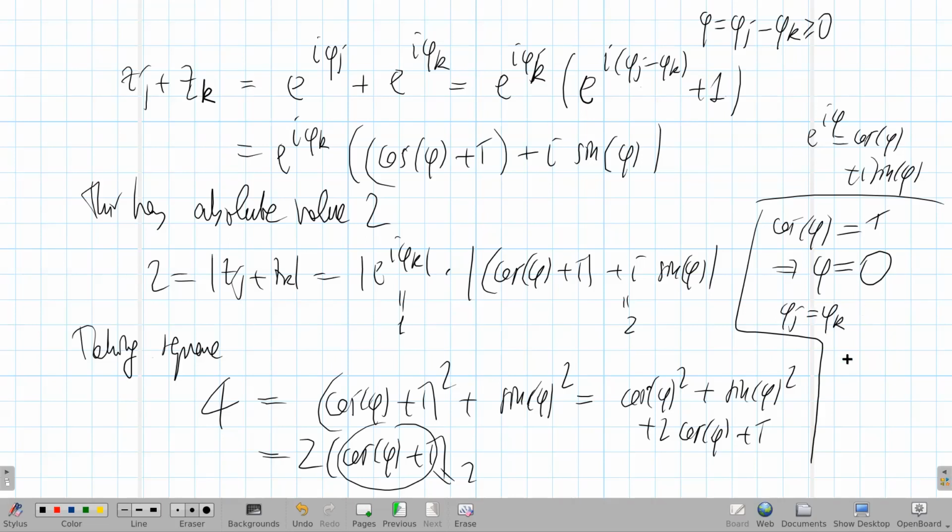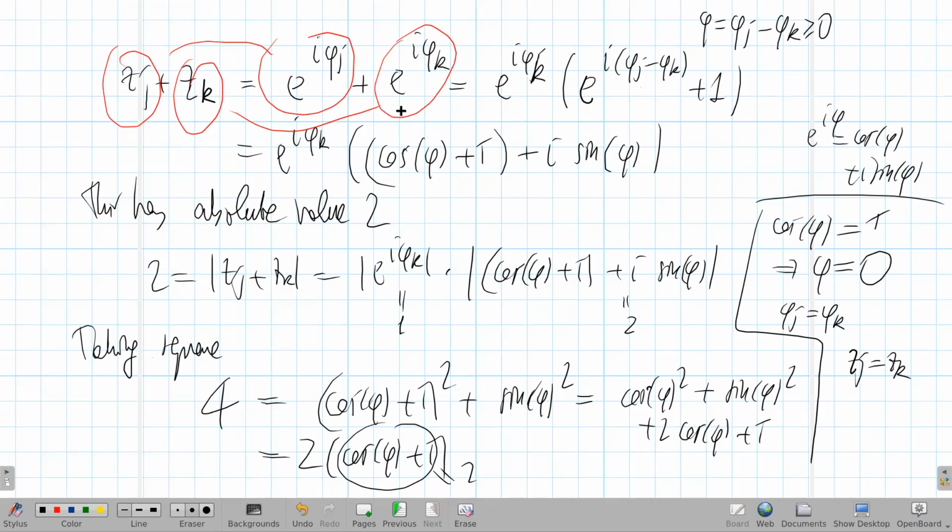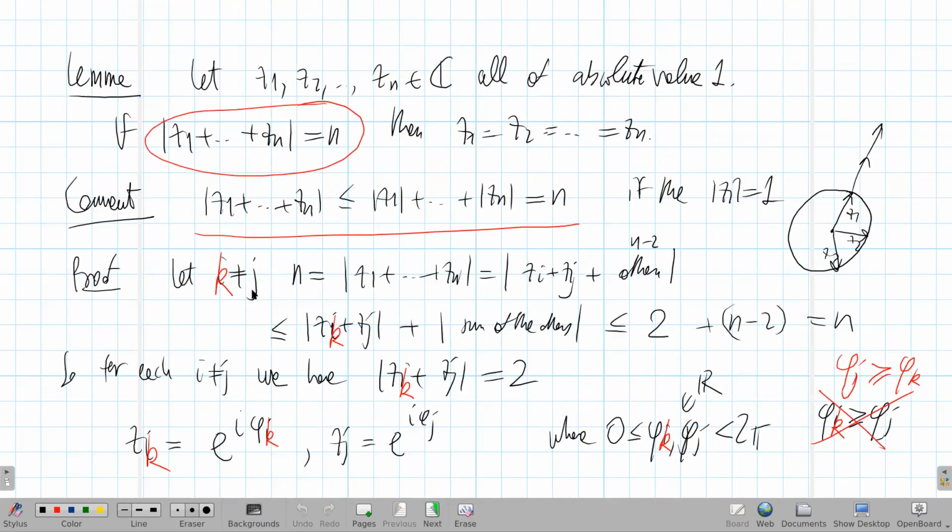And so this means that zj equals zk, because this is zj and this is zk. They differ only by the angle, and we proved that the angle has to be the same with this trigonometric equality. And j and k were two arbitrary indices, so any two of them are the same.